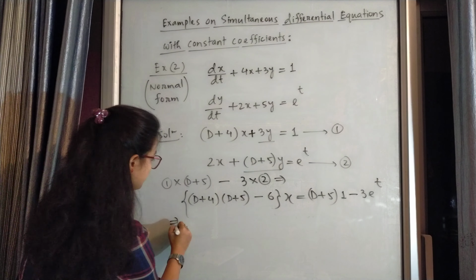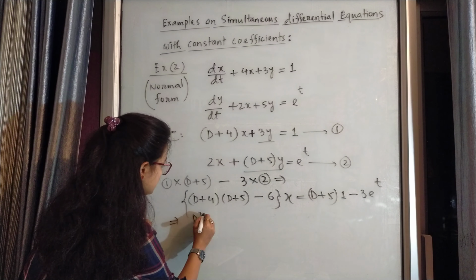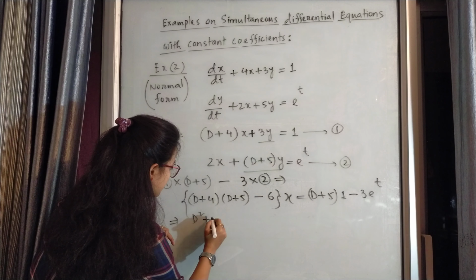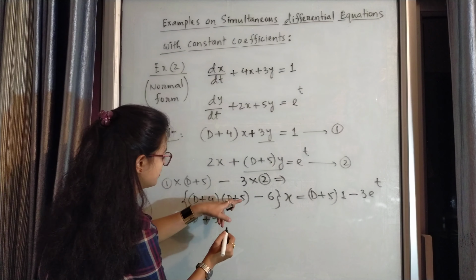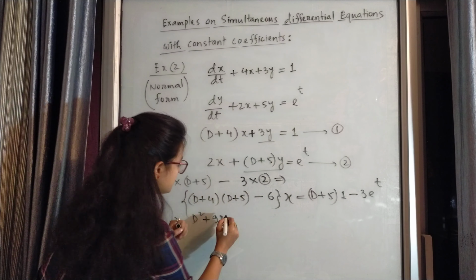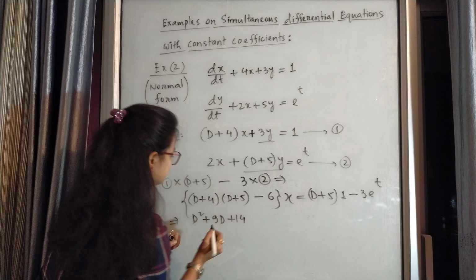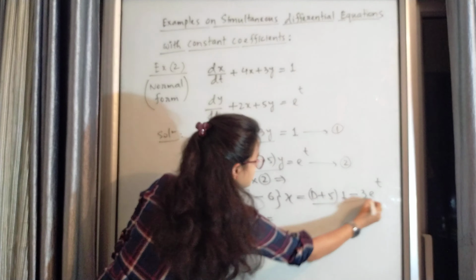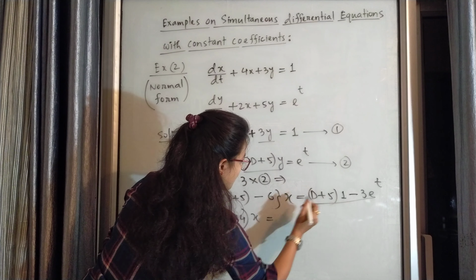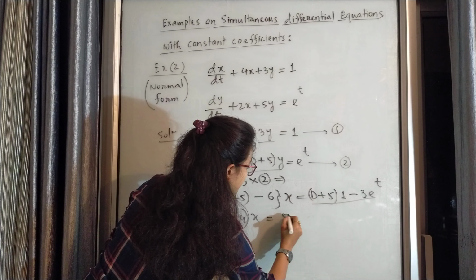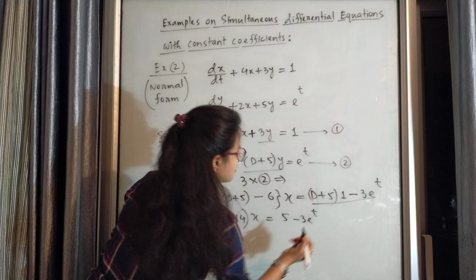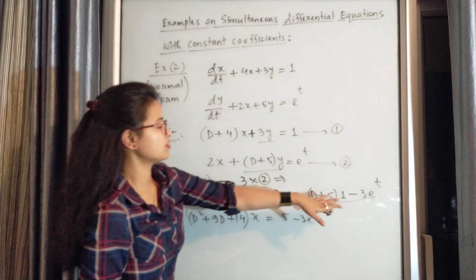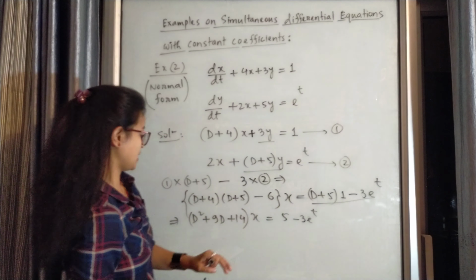Now simplifying this, we'll get D squared plus 9D, 4 5s are 20 minus 6 giving 14, x is equal to, now simplifying this part, D of 1 is 0, 5 into 1 is 5, minus 3 e to the power t. D means the derivative, so you can do easily. You will get here 5.